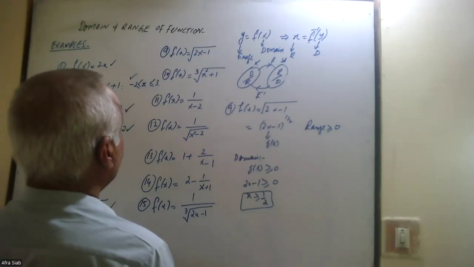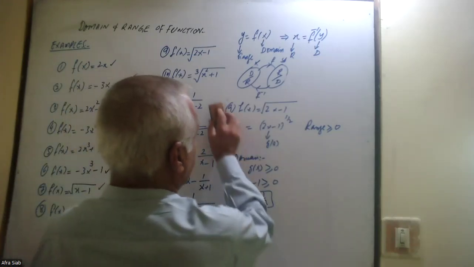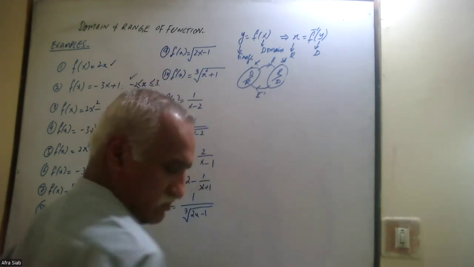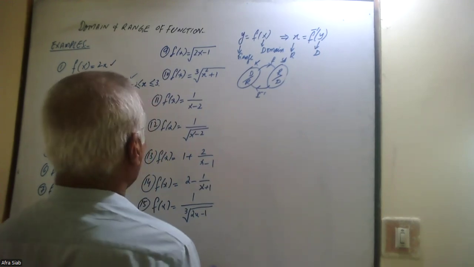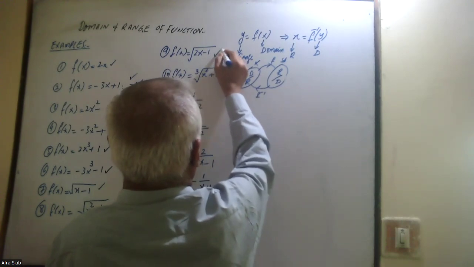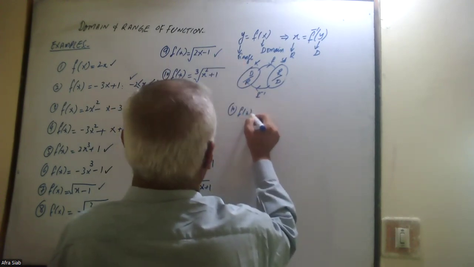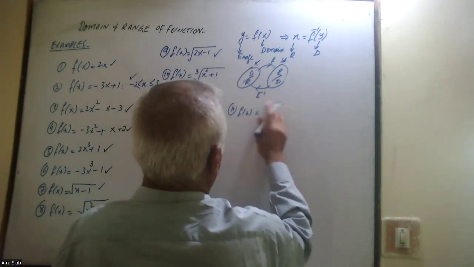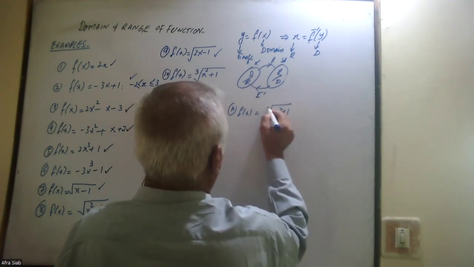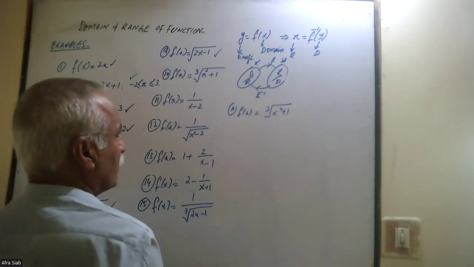Now question number 10. F of x is equal to the cube root of x squared plus 1.